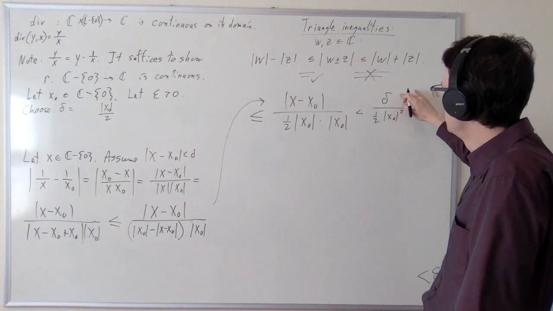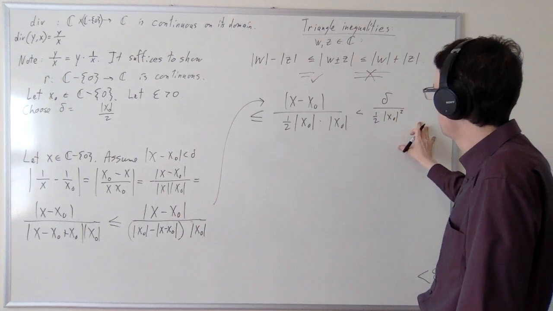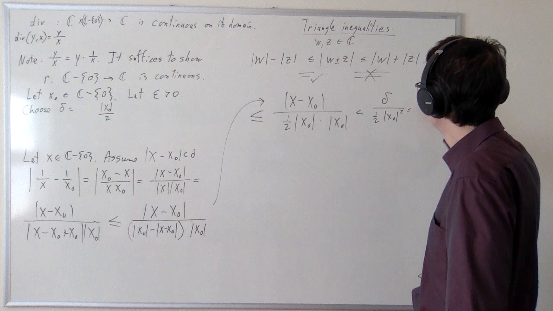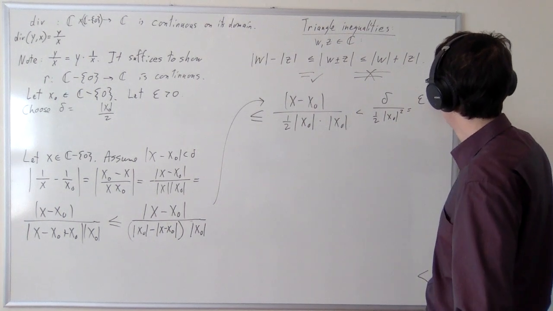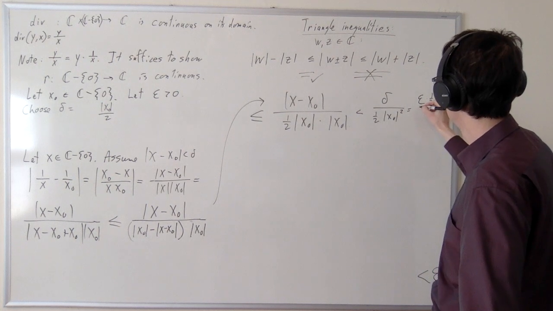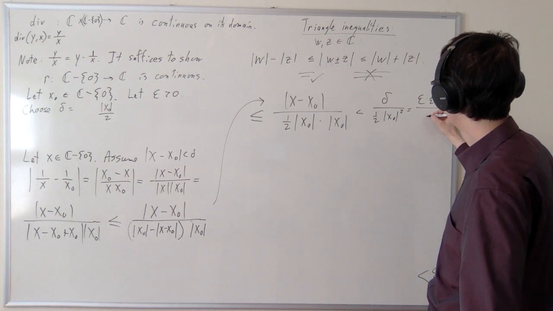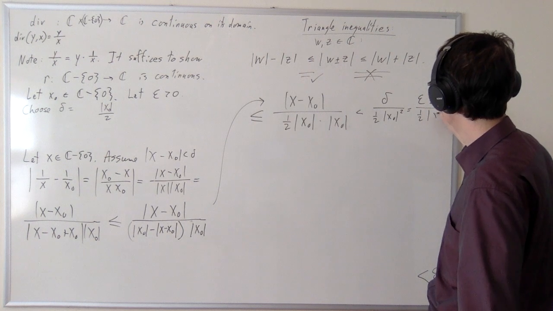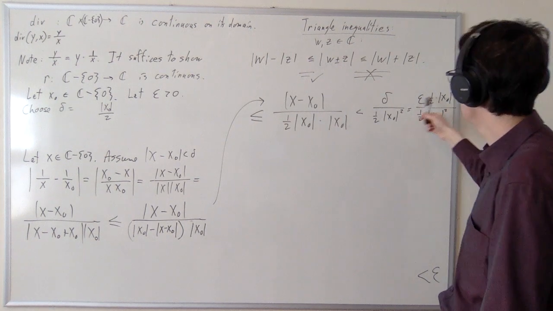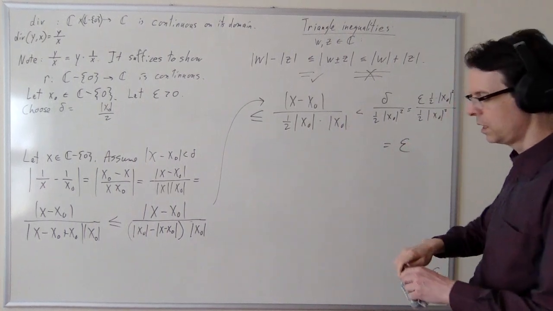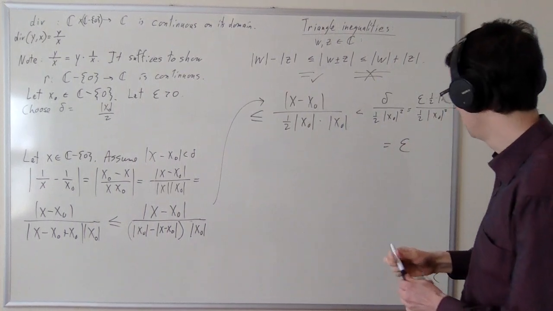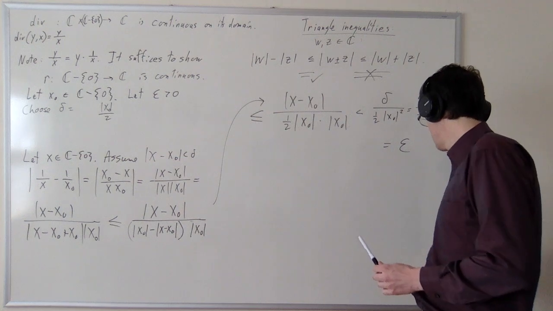And what can I choose delta to be so that everything will work out well? I can choose delta to be epsilon times 1/2 times modulus x naught squared, and then we'll get the same thing down here. So if I rig delta to be this, then I will get all the cancellation that I need, and I'll end up with epsilon, which is exactly what I need.